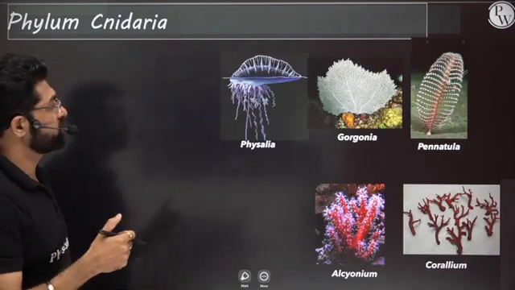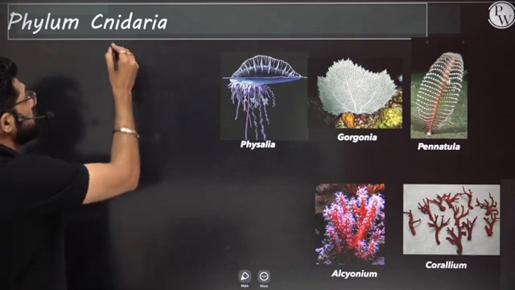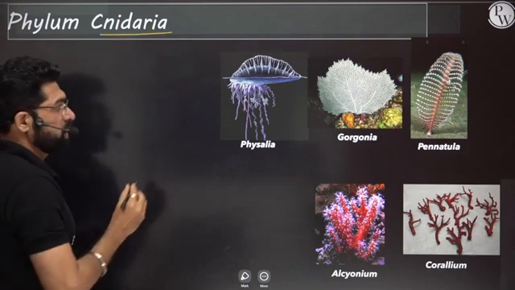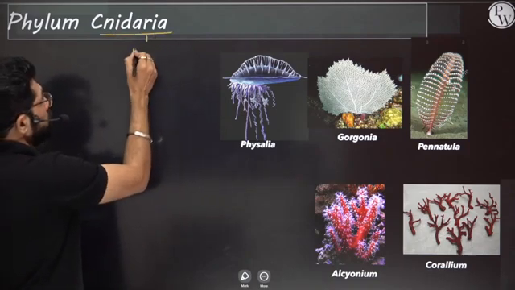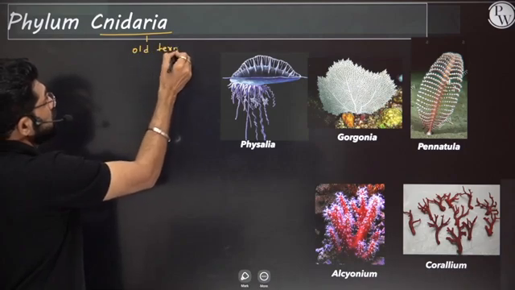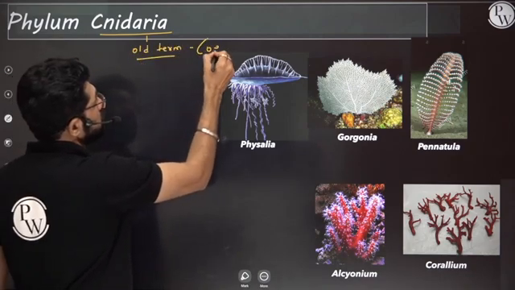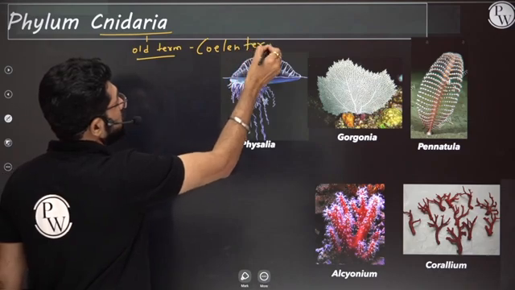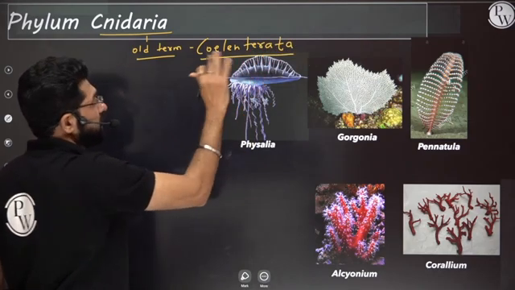Okay, so let's move further with the next phylum, that is Cnidaria. Cnidaria, the old term was Coelenterata. Why was this name taken out?